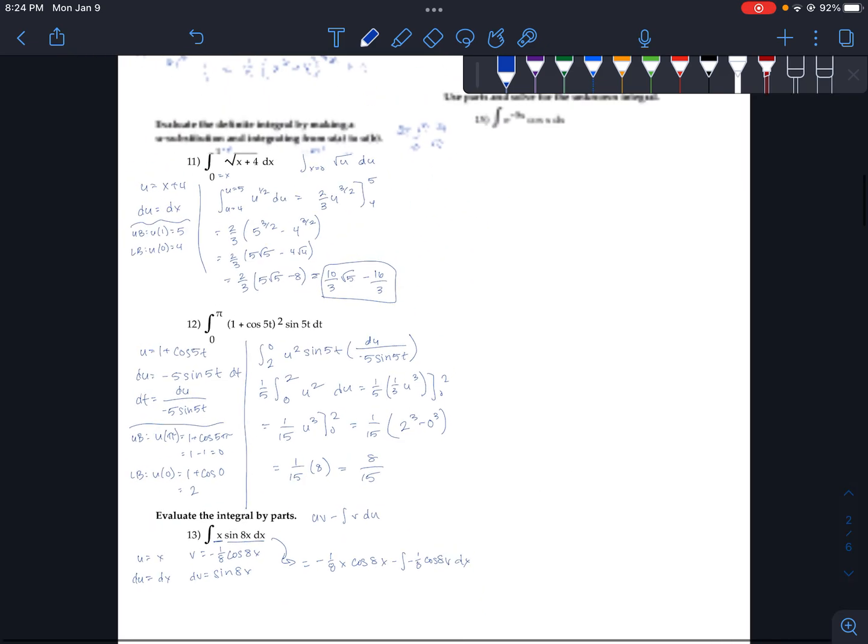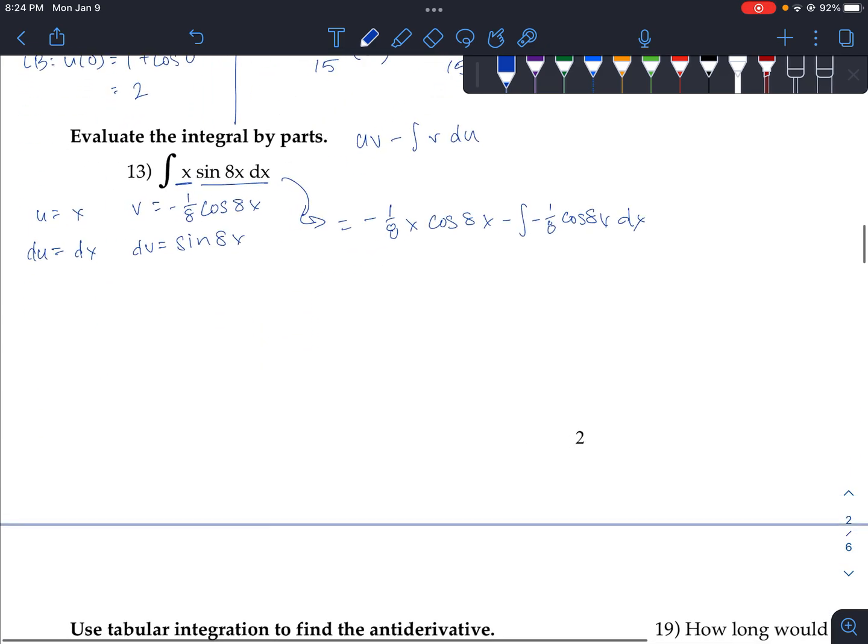I think I'll be okay. I'm going to change that to plus 1/8, and then I'll have the integral of cosine of 8x dx.